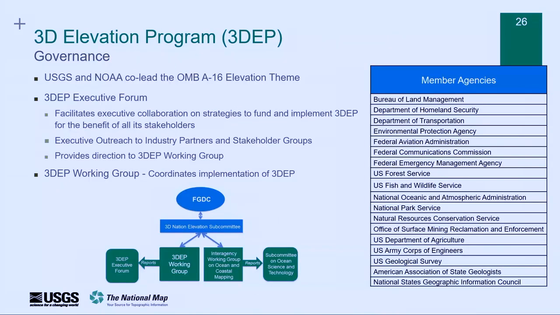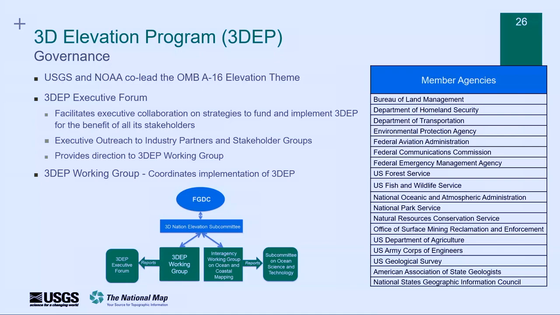Coordination for 3DEP is managed through several layers of governance. The USGS and NOAA are co-leads of the elevation theme under OMB Circular A-16 and collaborate on joint governance for terrestrial and bathymetric elevation data. Federal coordination for the program is managed through the 3DEP Executive Forum and the Operational 3DEP Working Group.